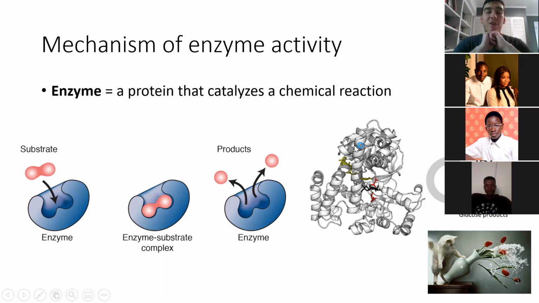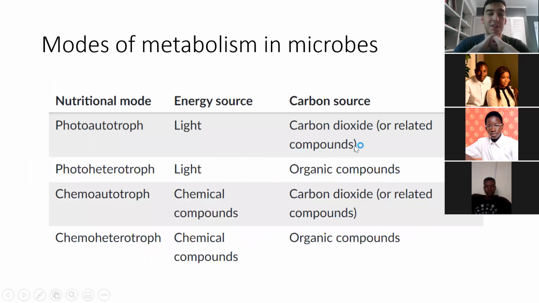So in microbes, there are a lot of different strategies for where they get their energy. Essentially, there are two questions you want to know about understanding the metabolism of an individual microbe. One is, what sort of carbon source do they use?